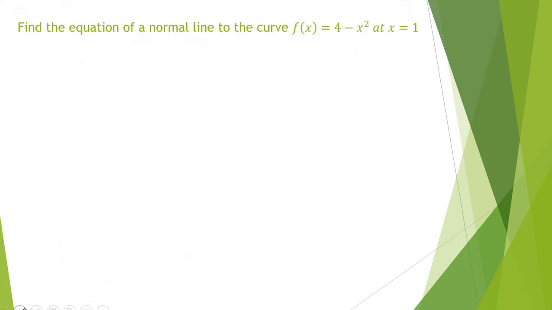All right, one more. A normal line. A normal line is a line that is perpendicular to a tangent line. So let's find an equation of the tangent line first. So to find the tangent, I need a slope, in this case at x equals 1, and I need a point at x equals 1.